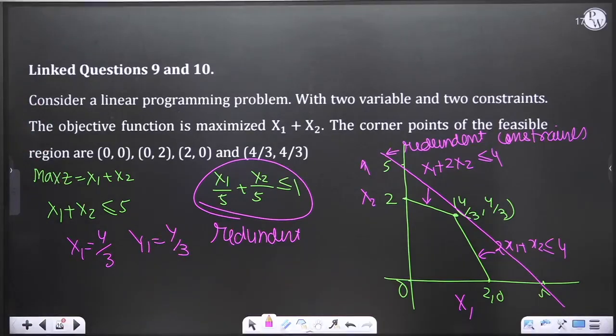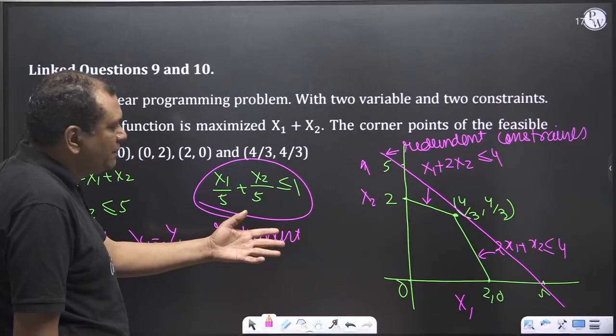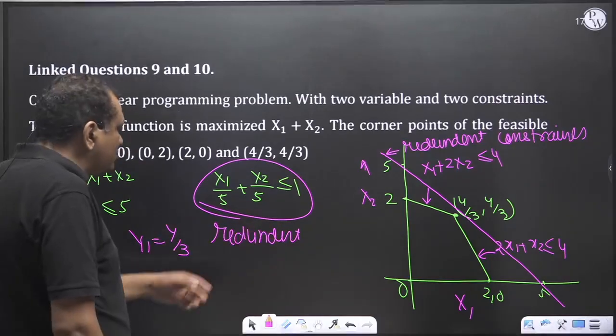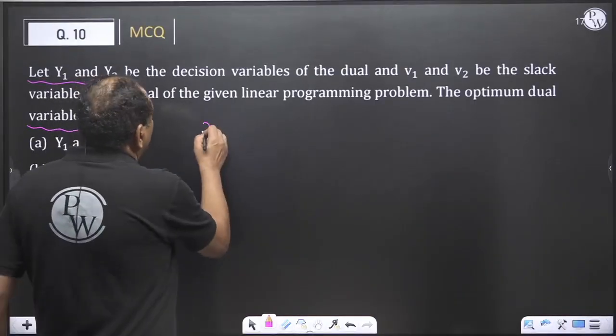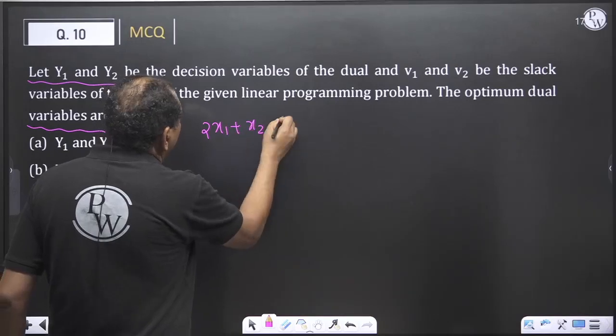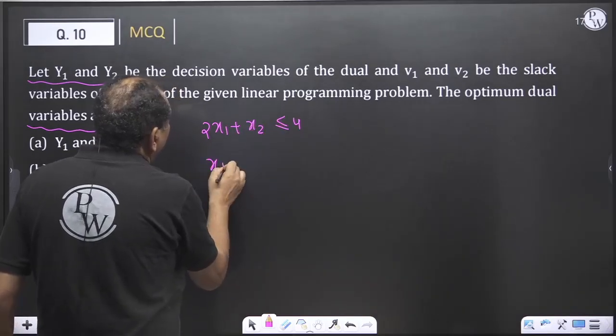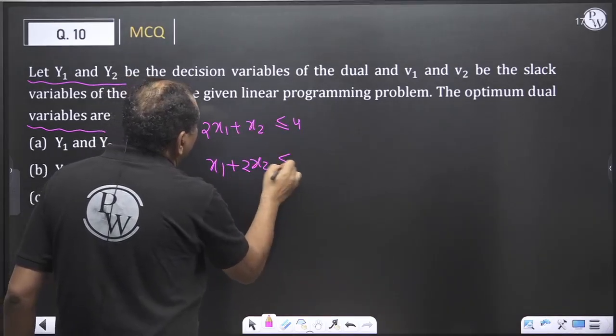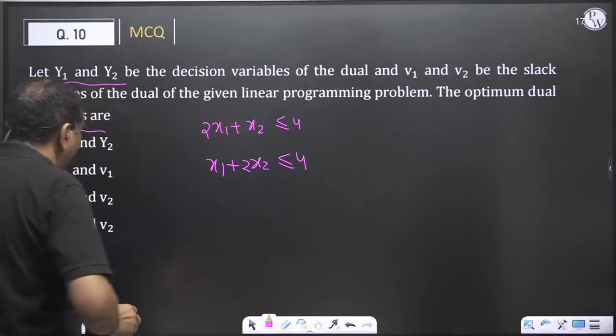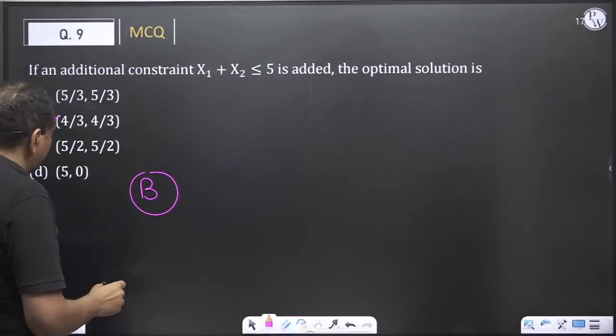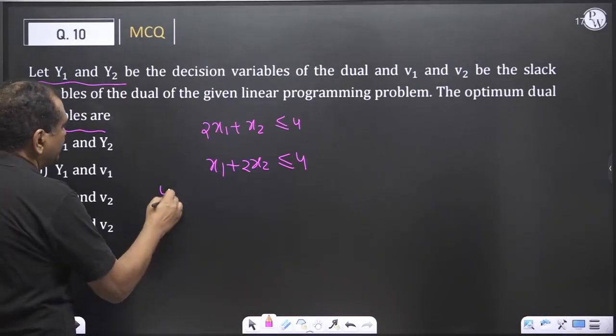Let us apply the complementary slackness theorem. So what is my constraint? 2x1 plus x2 less than or equal to 4 and x1 plus 2x2 less than or equal to 4. And my optimum point is 4 by 3, 4 by 3.